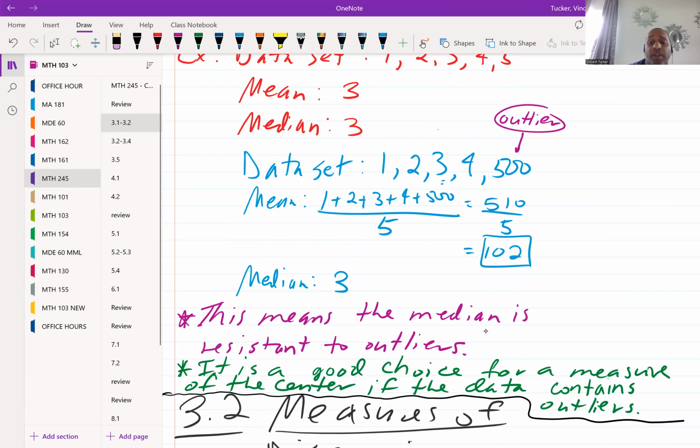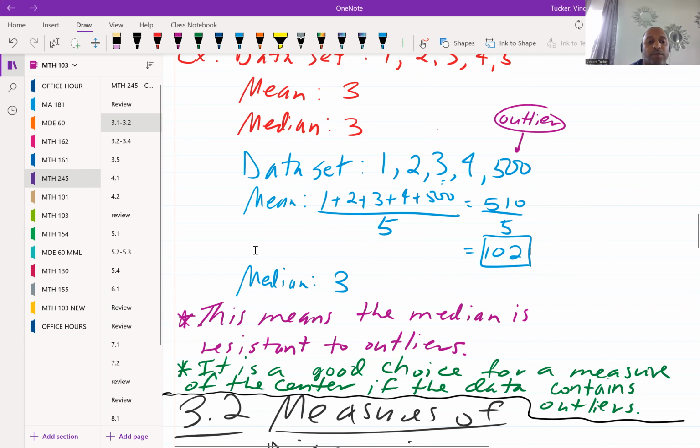If you have outliers, it's better to use your median if you want something that best explains what type of values you have in your data, because if you use the mean, the outlier is going to take it someplace very extreme and it's not going to fully explain what's going on in your data set. Got it. Thanks. No problem.